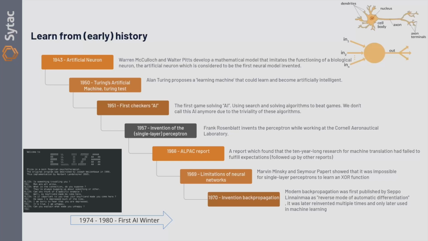But the first idea of artificial neurons was actually from 1943, so very, very old, where they started modeling the neurons that are in your brain and tried to make a mathematical model of these neurons to try to model human intelligence.